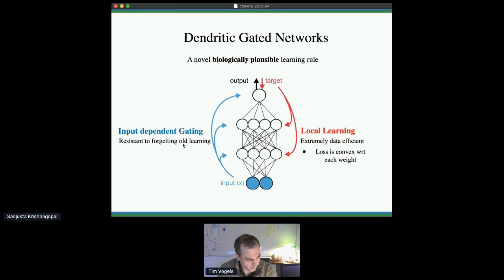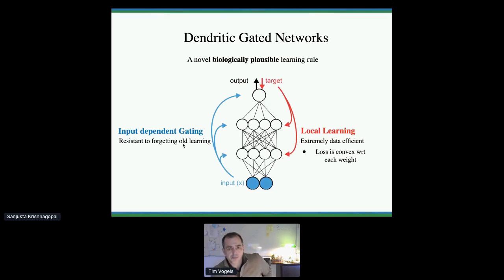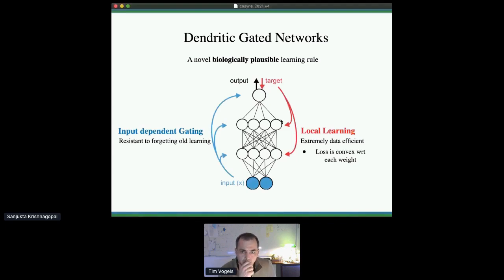So if it learned a bunch of stuff in the past, and it's learned something else more recently, it tends to not forget what it learned previously. Also, there is local learning, where the target gets fed to each layer. This makes it extremely data efficient because it doesn't have to do this whole backprop business, and the loss becomes just minimizing some distance between the output of each neuron and the target. And so the loss becomes convex with respect to each weight's learning.